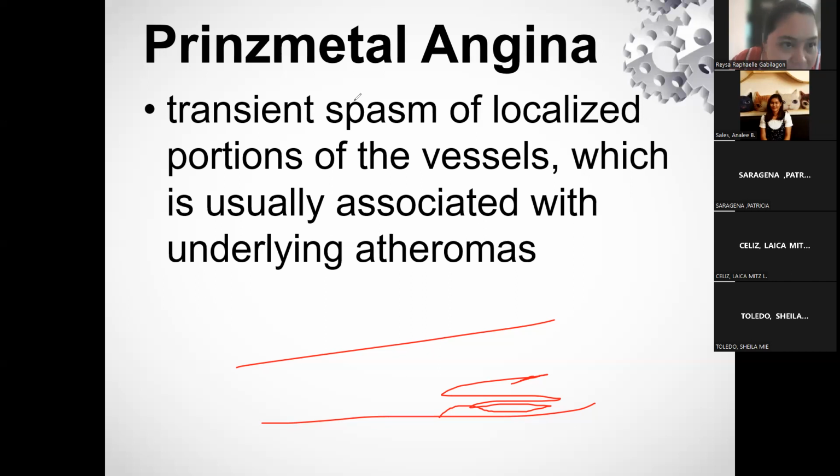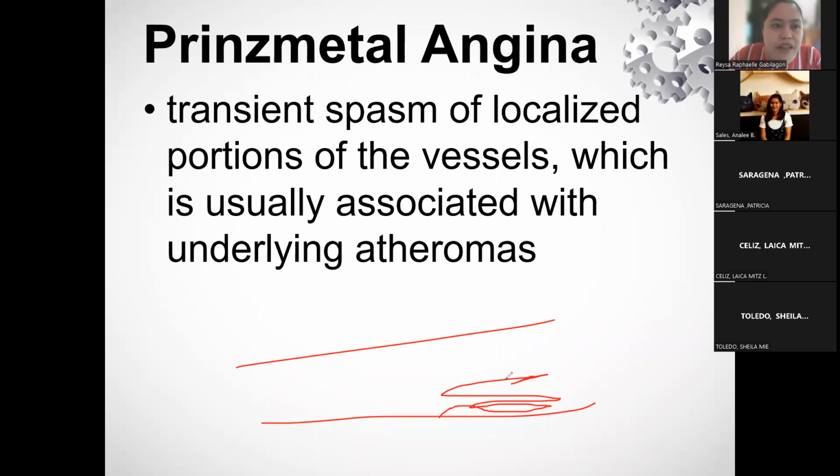Involuntary muscular contraction. Yeah, when you say spasm, there is involuntary contraction of the muscle, and it's sudden. So remember, our blood vessels are also muscles, smooth muscles nga lang. So magko-contract din yan.